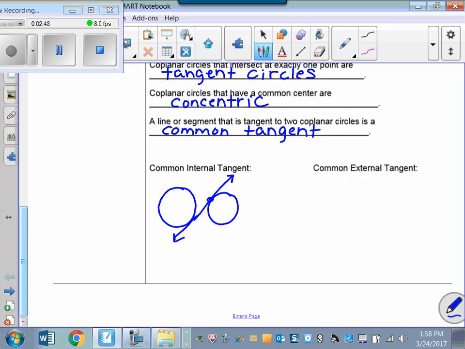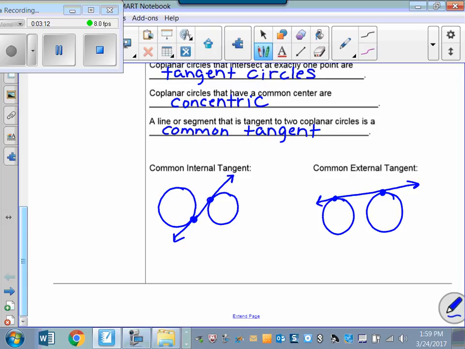So there's a common tangent, and it's internal to these two circles here. Okay, so a common internal tangent, a common external tangent might look like that. Pretending like that actually intersected that second circle. Okay, common internal tangent, common external tangent.